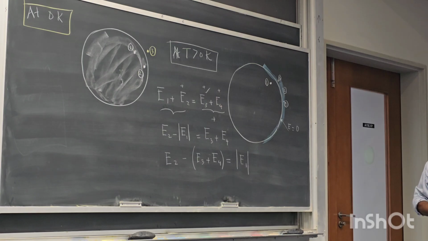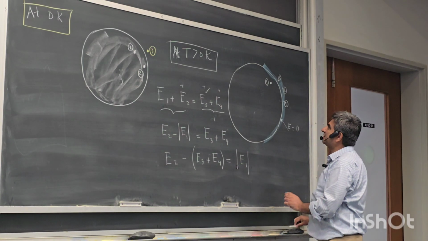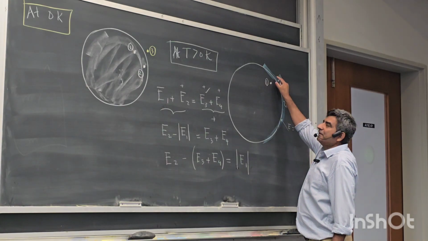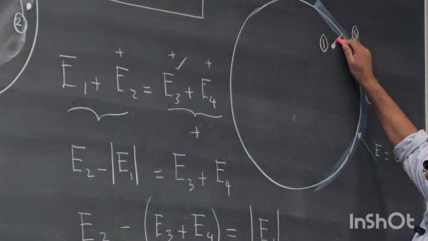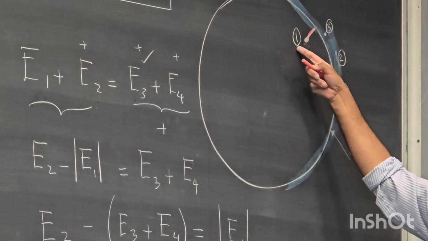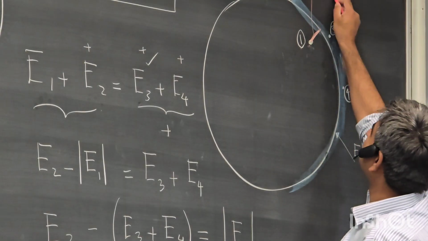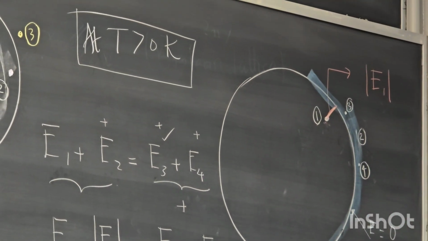So what does this mean? This means that the magnitude of E1 tells us how far E1 is from the Fermi sphere. This magnitude is how far inside the Fermi sphere this electron is.